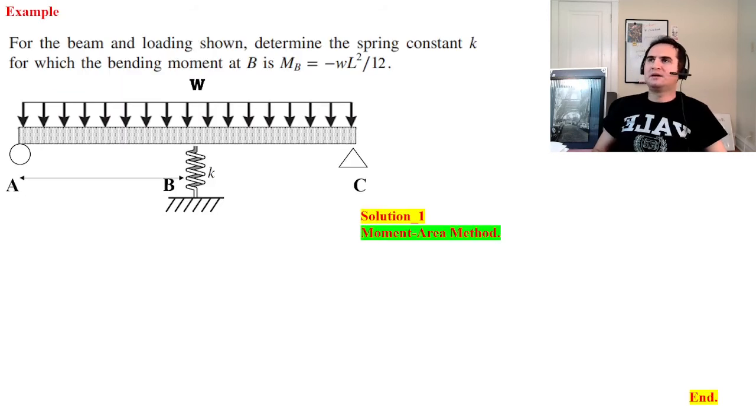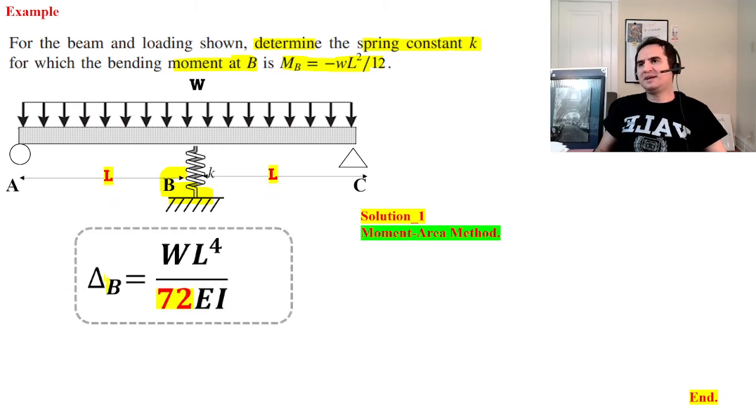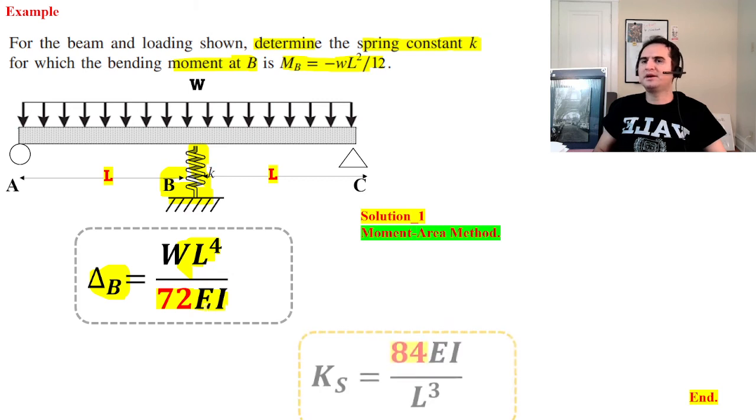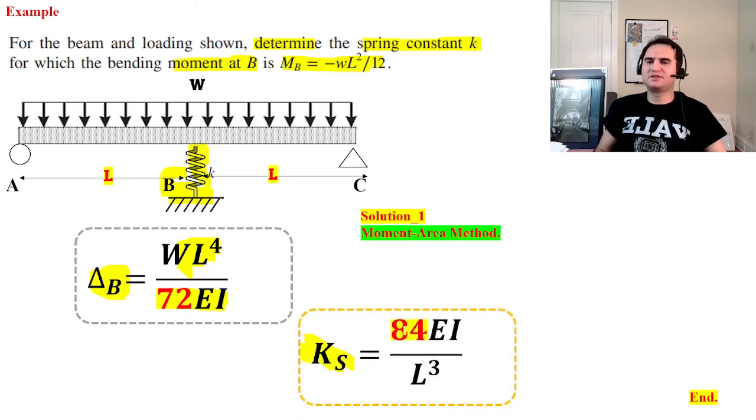So again, this example was asking to determine the spring constant K if MB is provided to be at the center. If you cut it through, a negative WL squared over 12, you have the moment at B. And based off solution 1, we get the delta at B, which is exactly the displacement of the spring, that's WL to the 4 over 72EI, and also the stiffness of the spring, which is 84EI over L cubed.